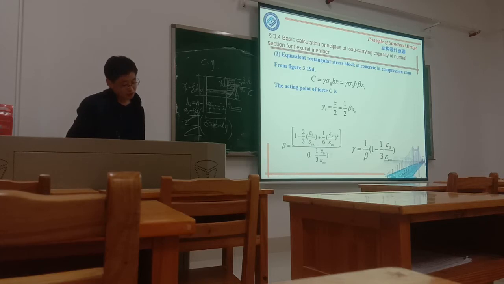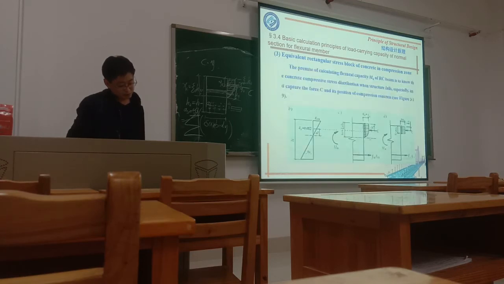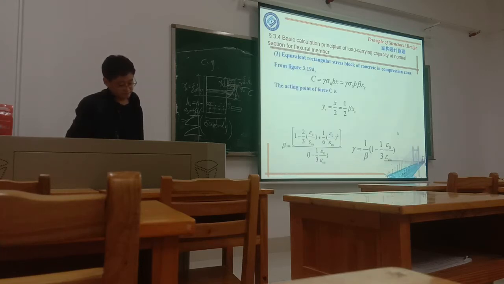If we know these two values, then we can get beta. Once we know beta, then gamma we also know. So that means if we know these two values in this formula, for this real distribution, we can use this rectangular block to replace it.